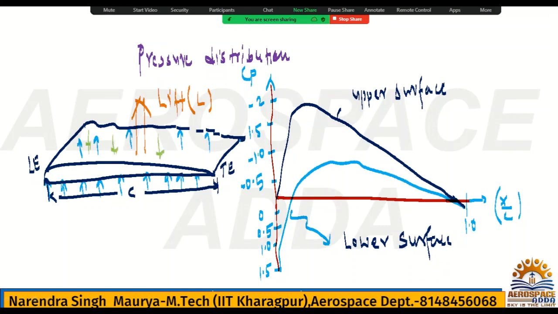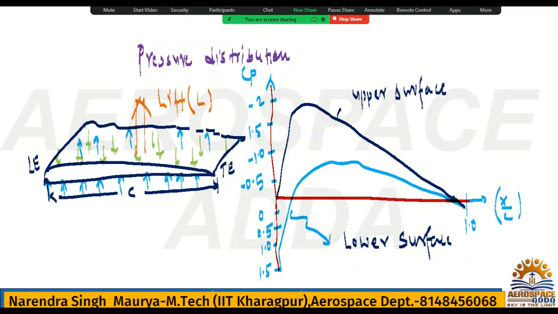This is the top side. Yes or no? So what is the lift force? Lift force is the difference. Bottom side pressure is very high and upper side of the wing pressure is less. So from high pressure to low pressure, you may get lift force.